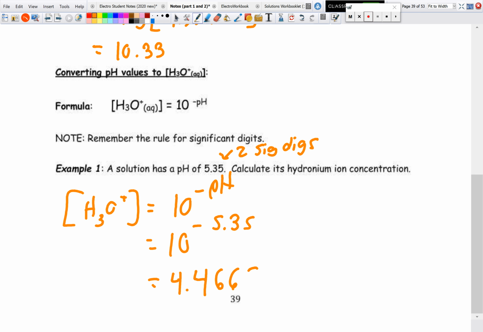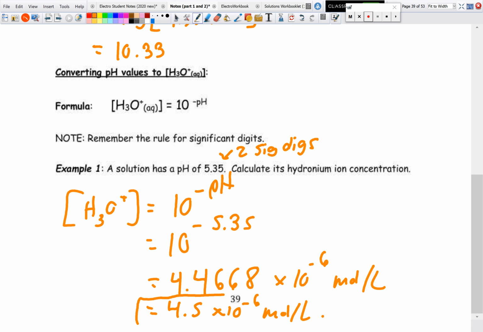I'll fill in a lot and then just round. This is unrounded, then of course rounded, we need two significant digits, so that is 4.5 times 10 to the negative 6 moles per liter as the final answer. So that is how we use that equation.